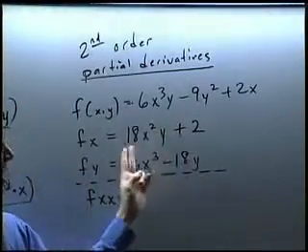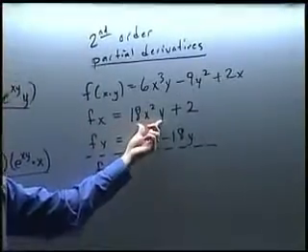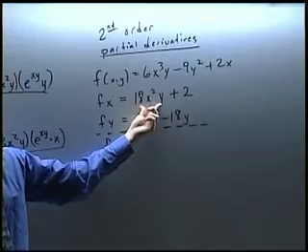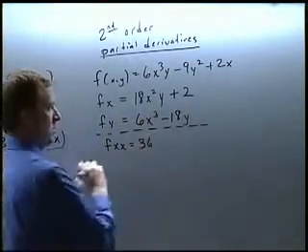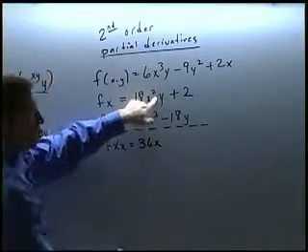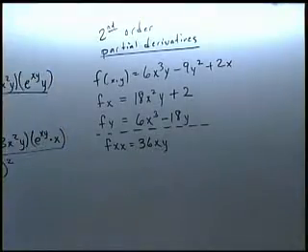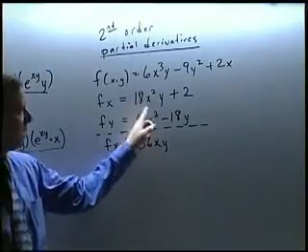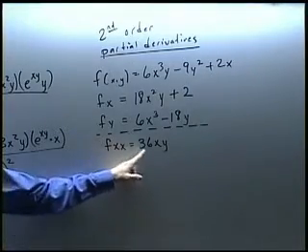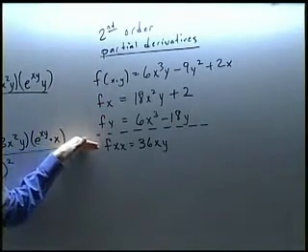If I look at this function, what's its derivative with respect to x? 36xy. Good. Because the squared term will go down to x to the first, and then the y is a constant number, so it just stays there. So 36xy, and the derivative of 2, of course, is 0. So this is the second order derivative with respect to x. In other words, we took the derivative with x, and then we took the derivative with x again.